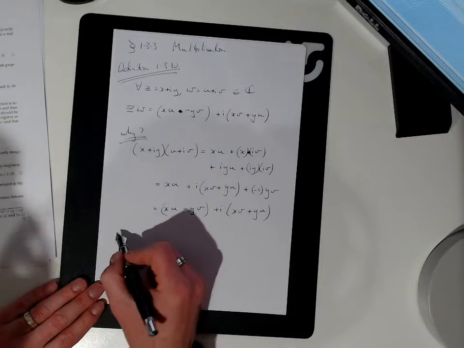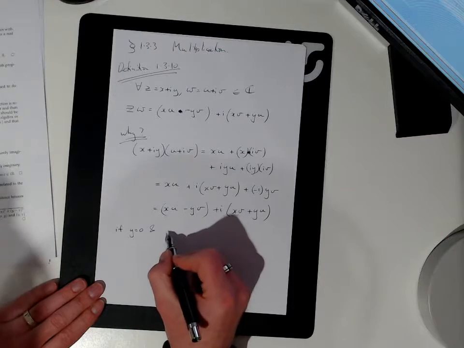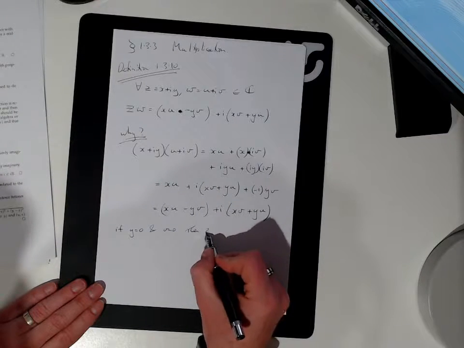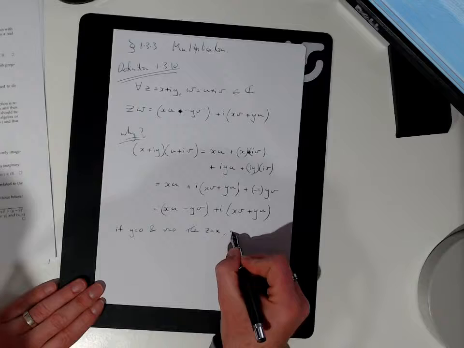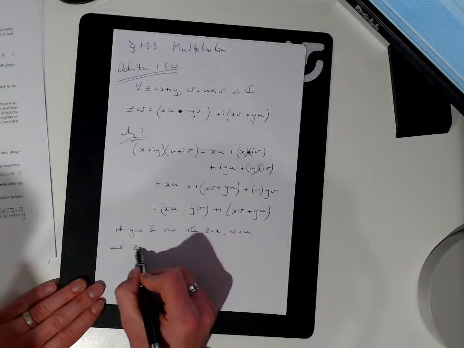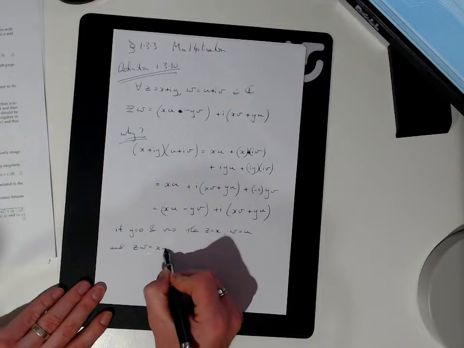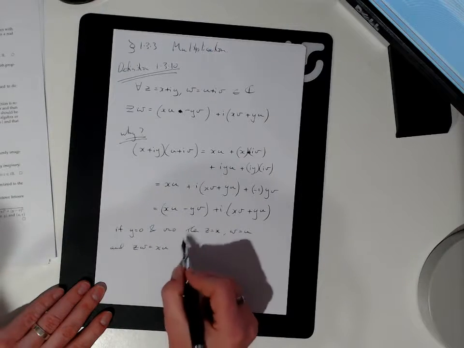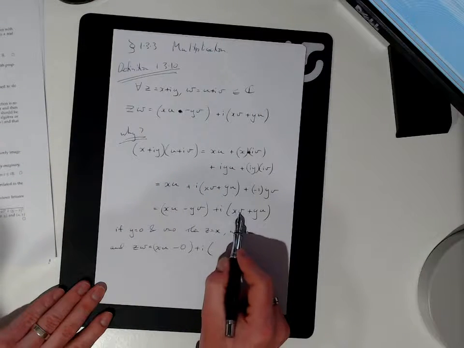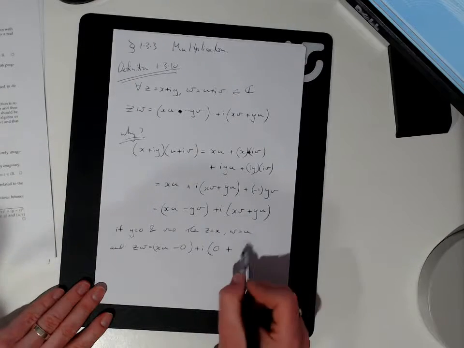Okay, so if y equals 0 and v equals 0, then z equals x, w equals u, and zw is equal to xu, plus i times xv, well v is 0, so that's 0, plus yu, y is 0, so that's 0.